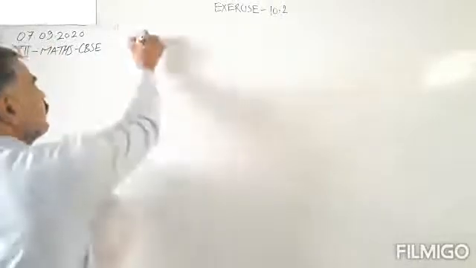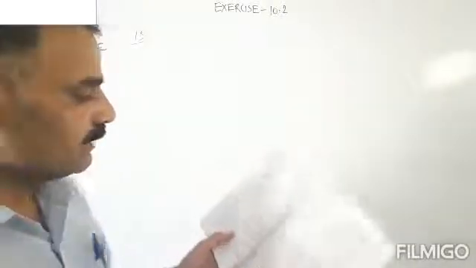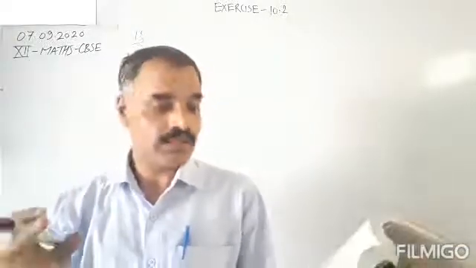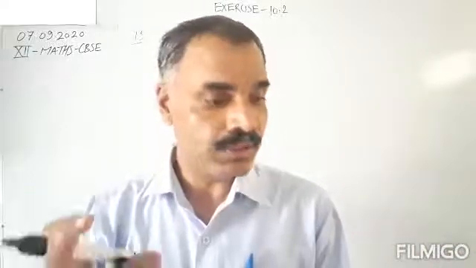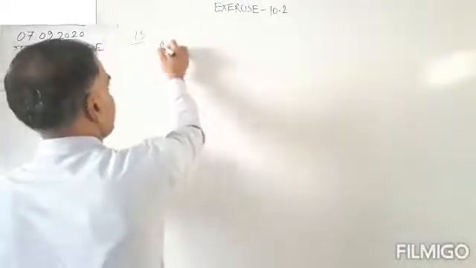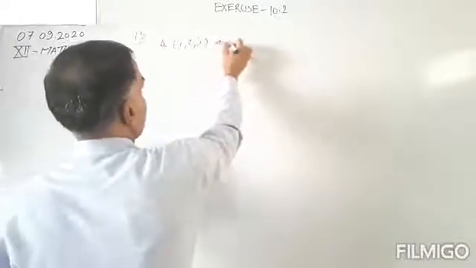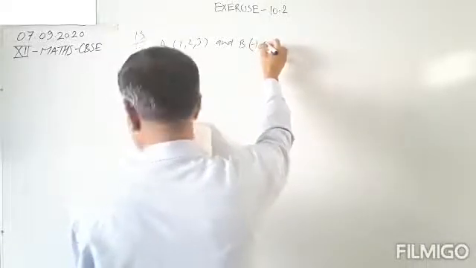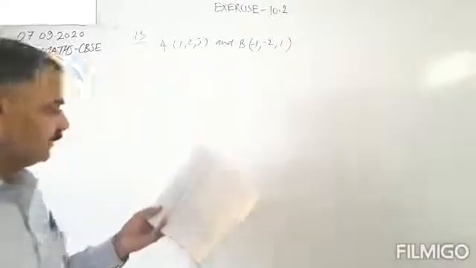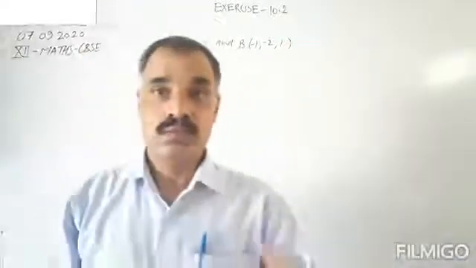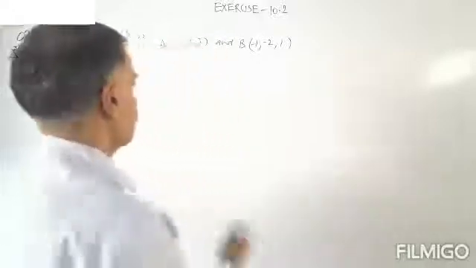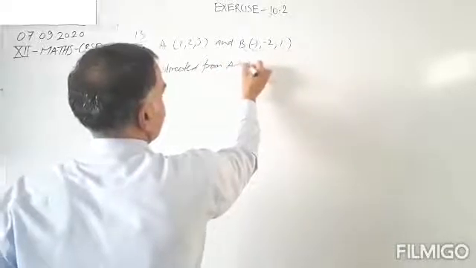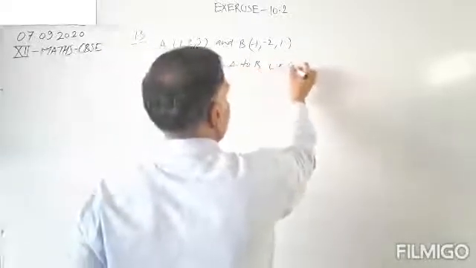It is a similar question: find the direction cosine of the vector joining the points A, which is 1, 2, 3, and B, which is -1, -2, 1, directed from A to B. That is AB vector.